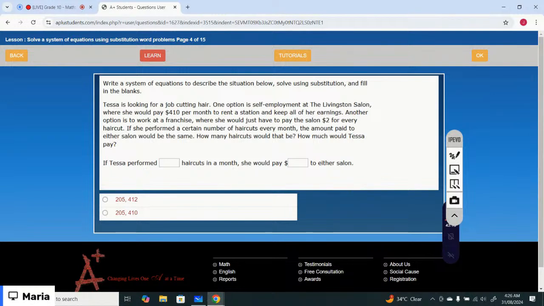If she performed a certain number of haircuts every month, the amount paid to either salon would be the same. How many haircuts would that be? How much would Tessa pay? So, which is the correct option?